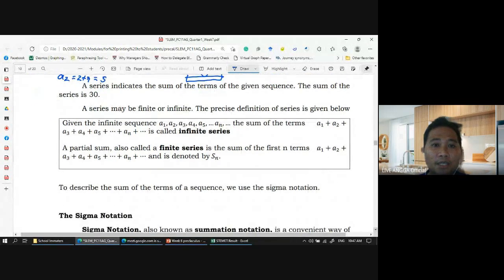A series may be finite or infinite. The precise definition of a series is given by a sub 1 up to a sub n, the sum of the terms. We call this one the infinite series, and so on. If it has more terms, it is infinite, that is, endless. But a finite series has an end, a sub n.